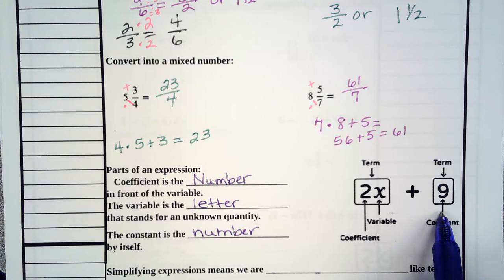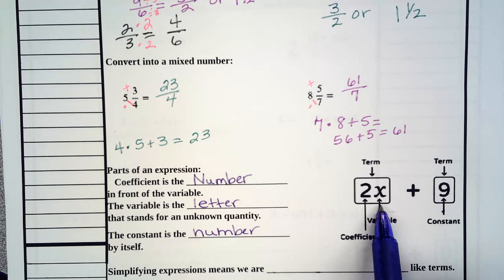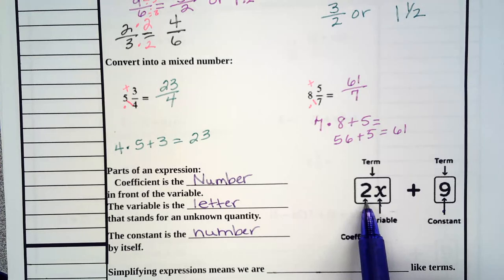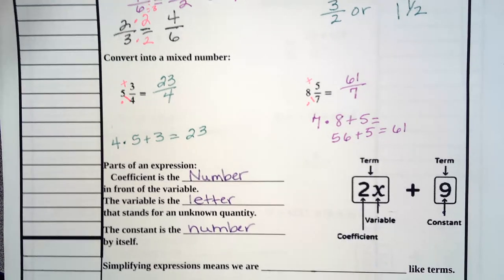Not all expressions have a constant, but if they do, it'll be the number by itself. Your variable is your unknown quantity. A coefficient is the number in front of the variable. If it's not there, it is understood to be 1, because 1 times any number gives you that number back.